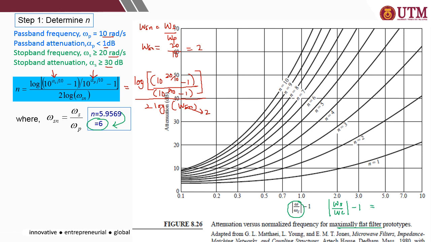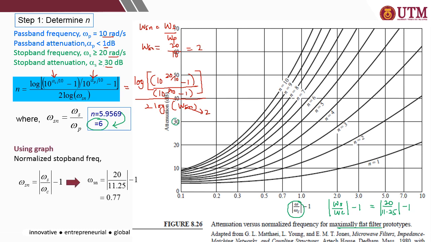In this case, your omega S is equal to 20 divided by your cutoff frequency given in the question, 11.25, minus 1. Then once you get the value, you drag the line across to the attenuation value, which is 30 dB. Then you get the n.